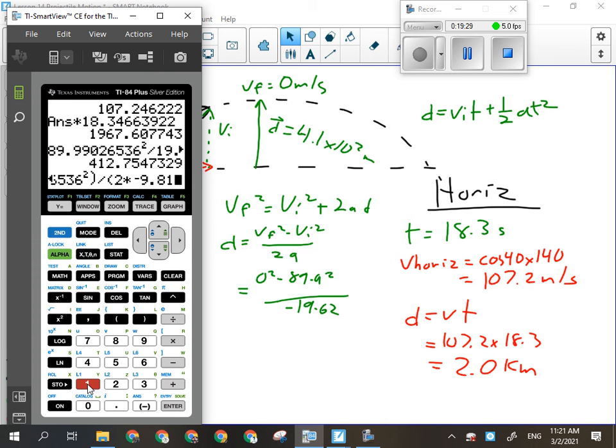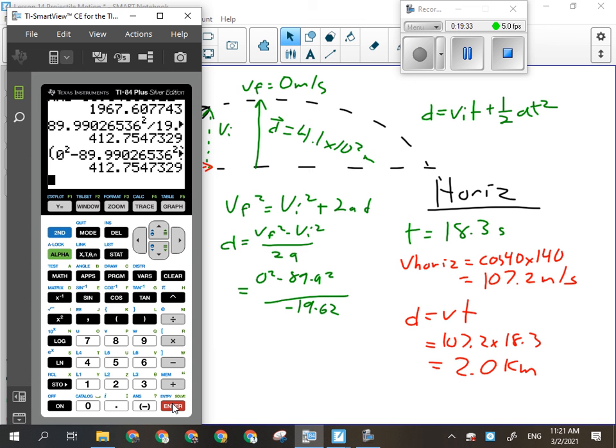Did you remember to put the bottom in brackets? Probably didn't keep your whole answer. If you round it off, that could be the difference, because you're squaring it. If you round off a number and then square it, it's much different than if you keep all the numbers and then square. That would be it.